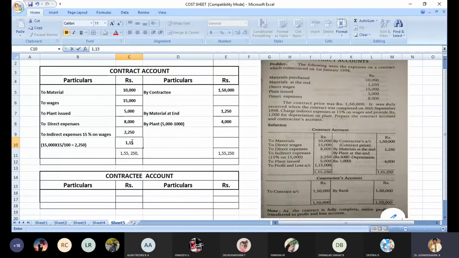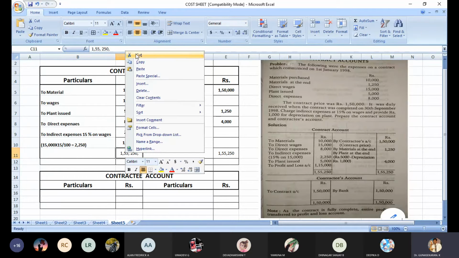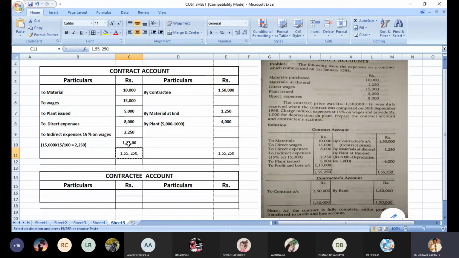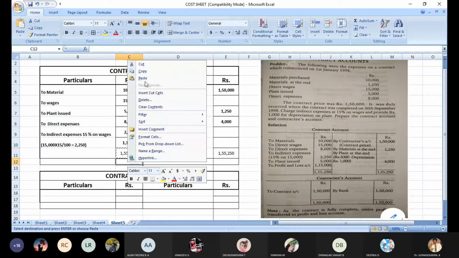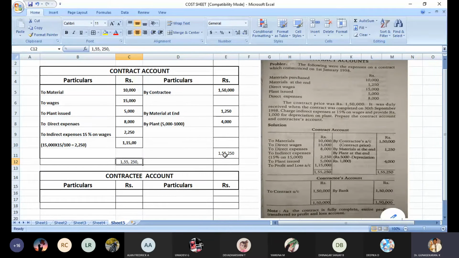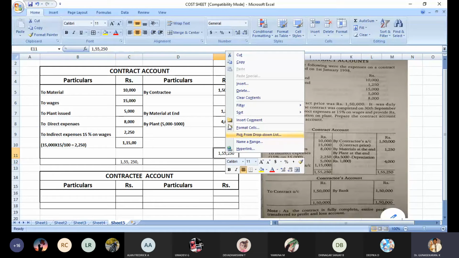1,15,000. Actually, we have to enter it here. So in this contract account, the profit amount is available.